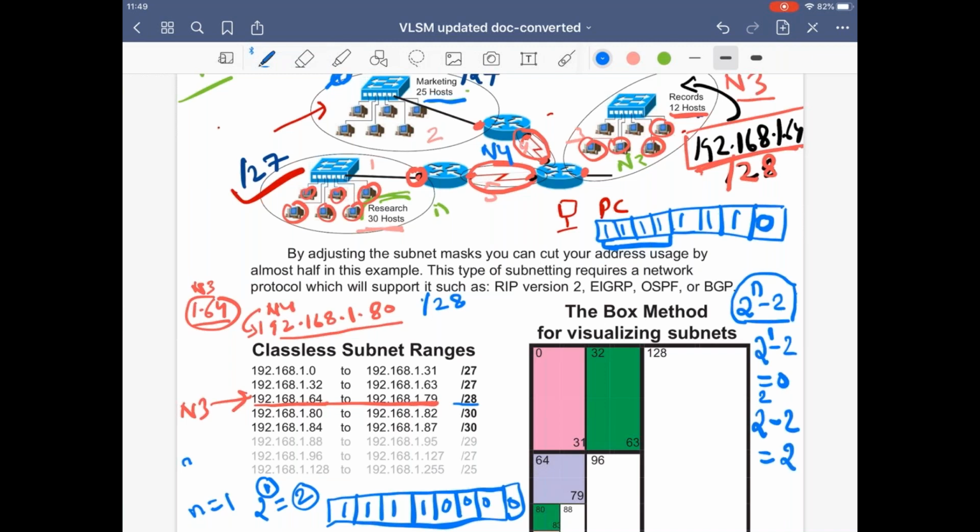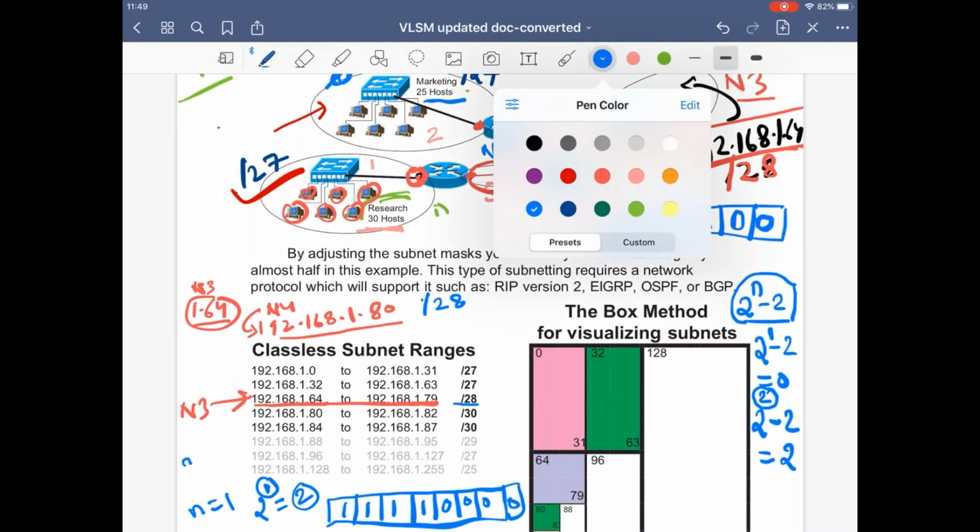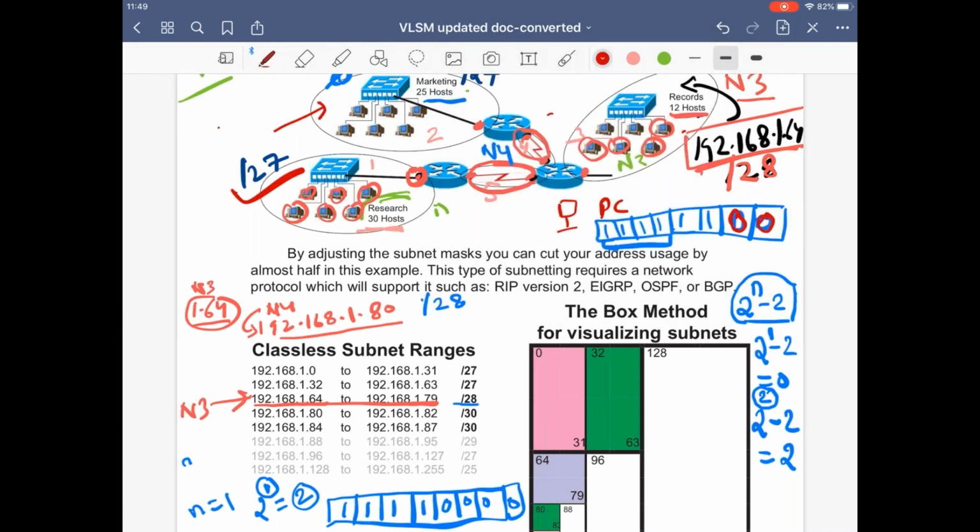So n equals 2, because two bits are 0. The last 2 bits from right to left will be 0, and now it is /30. So the first network will be from dot 80 to dot 83.